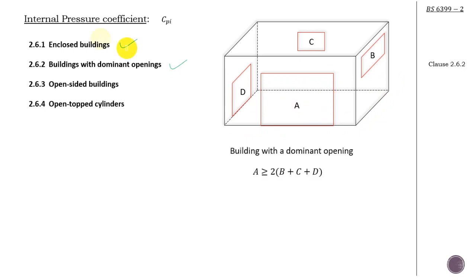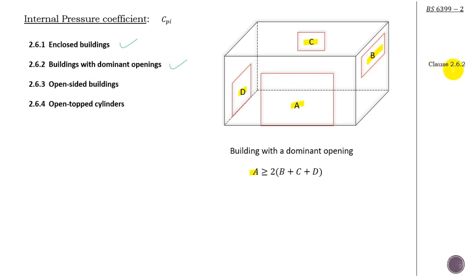Suppose this opening, area A, has an area greater than or equal to twice the sum of the other openings, that is B plus C plus D. If I multiply the sum by 2 and get a value less than A, then I am under this category, buildings with dominant openings.